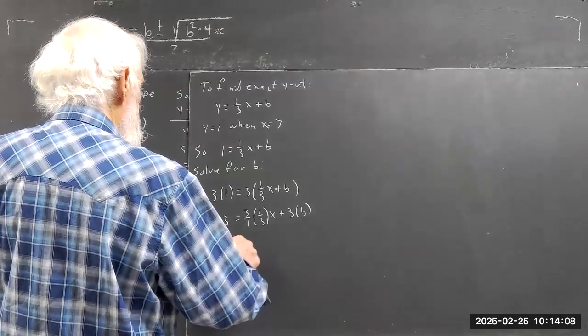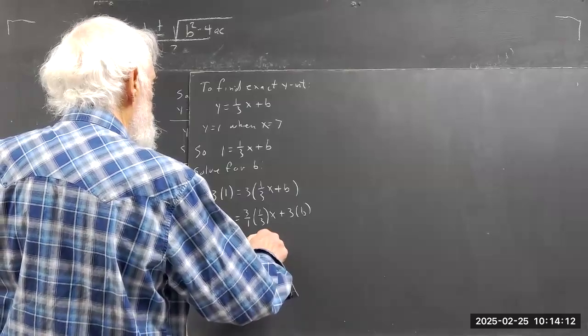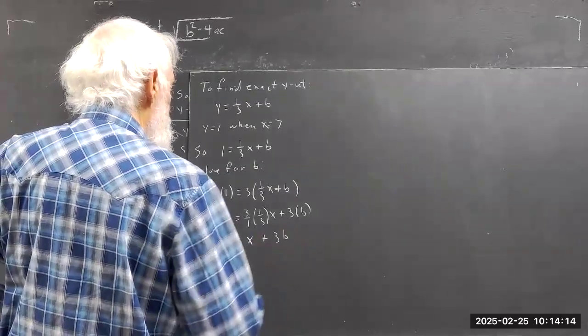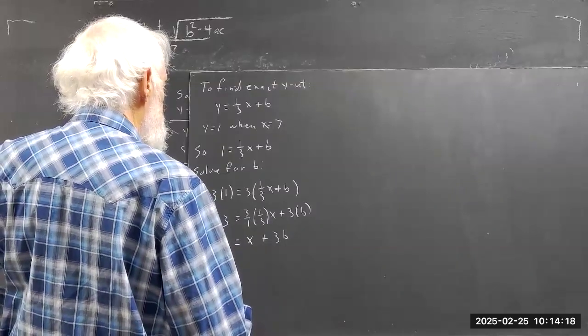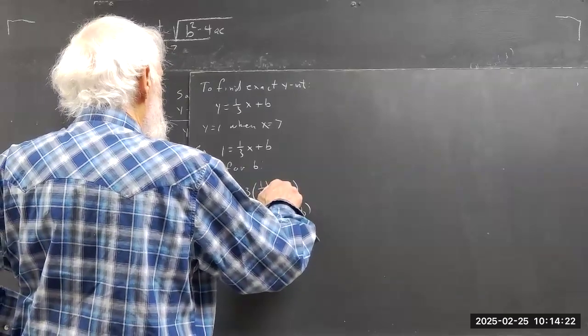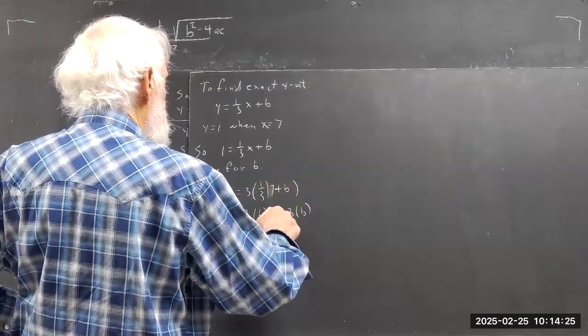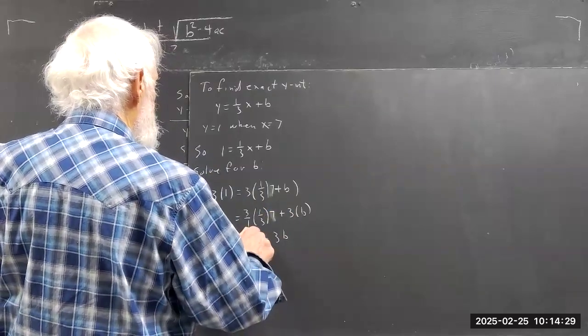So that 3 equals x plus... equals, it's not 1/3 x, it's 1/3 times 7, because I didn't replace x. Okay. So it's 7/3.